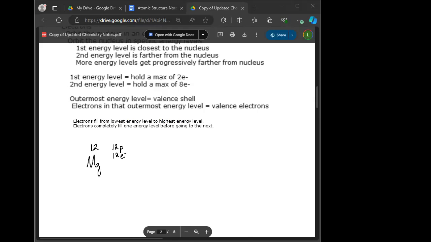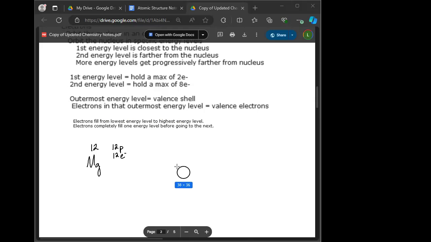Okay, now, these 12 electrons are going to need a place to, quote unquote, sit. We need to figure out where these electrons are going to be sitting. Like I said, they fill from low to high.